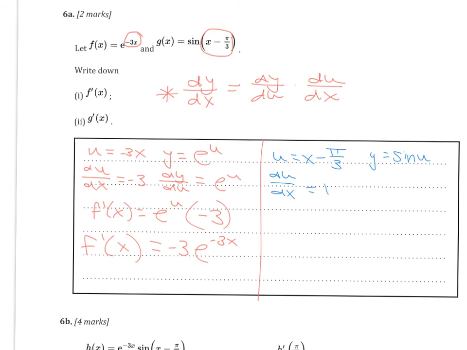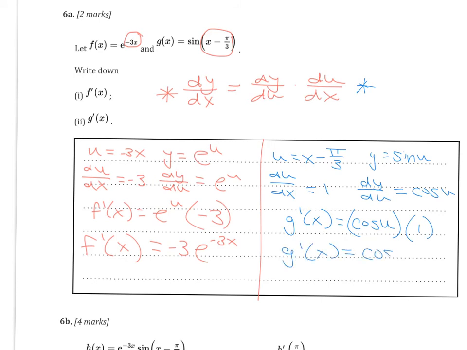And the derivative of negative pi over 3, that's just a constant, so that's 0. And the derivative dy du is cosine of u. And again, we're going to substitute into that chain rule. So that gives me g prime of x is going to be dy du, cosine of u, times du dx, which is 1.